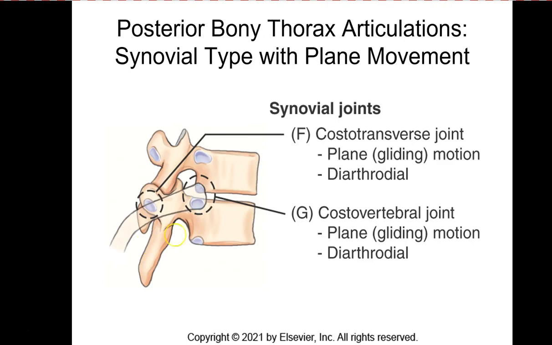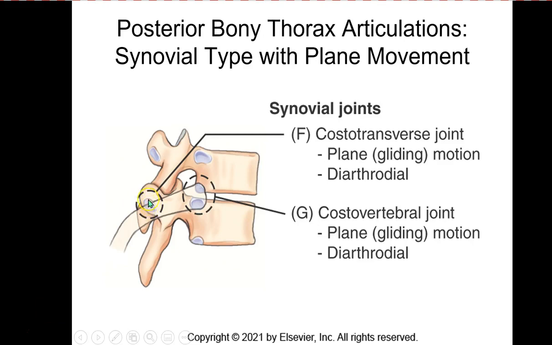Costovertebral joints, which is G, remember that's where the head of the rib articulates with the body of the vertebrae, are also synovial, diarthroidal, and allow plane or gliding motion. Costotransverse joints, remember, are found on the 1st through the 10th rib. The 11th and the 12th rib, remember, lack this joint.